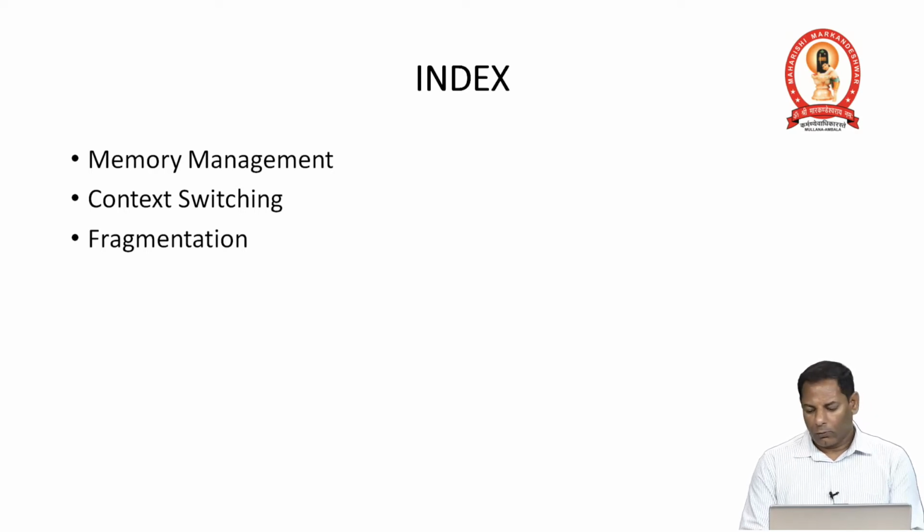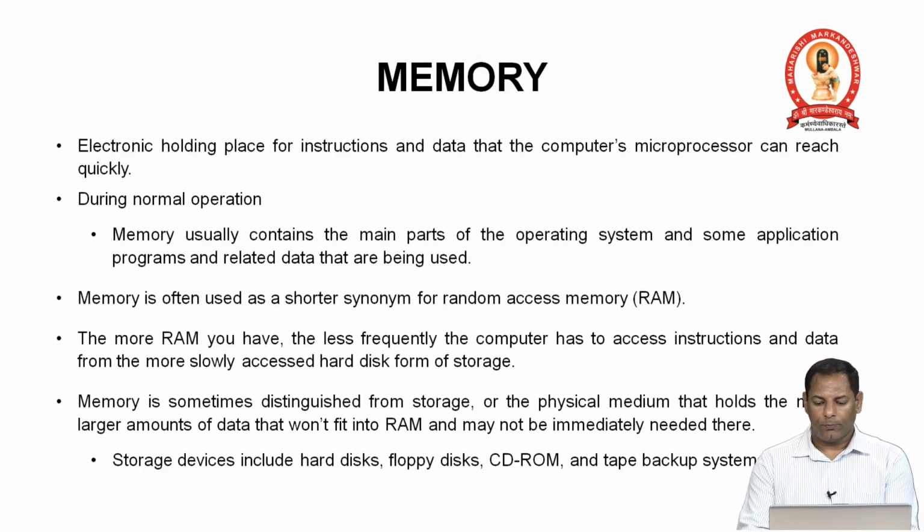First of all, we will study the topic of memory management. Memory is an electronic device which is used to hold data and information, and the instructions which will execute on this data are stored in computer memory, which is basically RAM. Whenever we talk about memory, we are talking about the main memory, that is RAM.